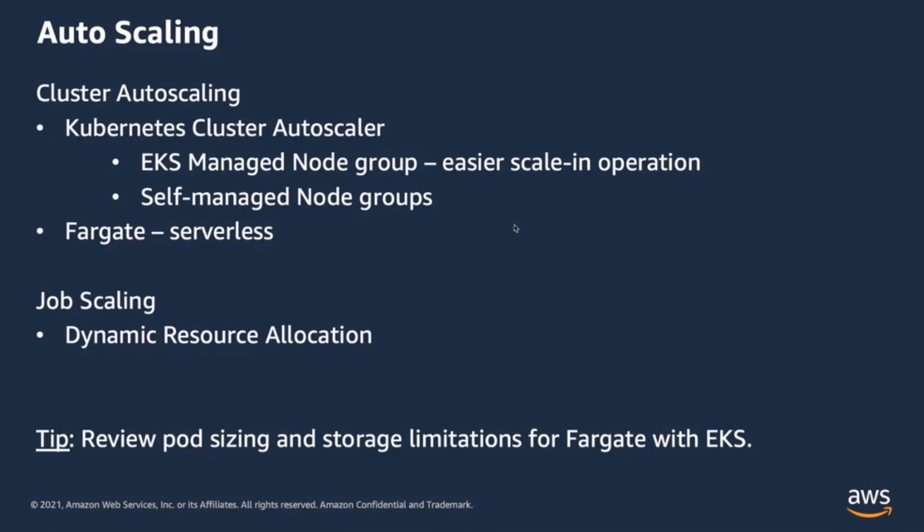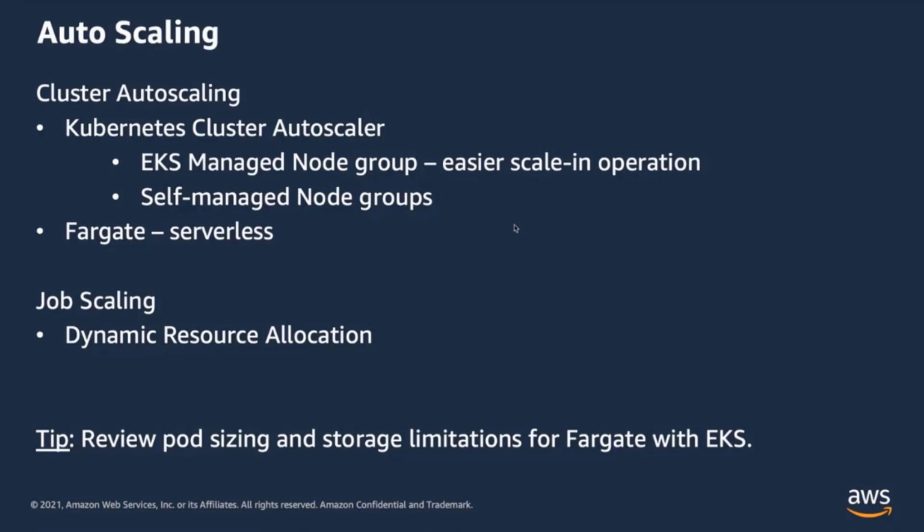You can look at it like a serverless option to scale dynamically. Now at a job scope, when a Spark job is run, your Spark job might need, let's say, 20 executors only for 10% of the time. For the other 90% of the time, it might not need so many resources. So you can use dynamic resource allocation to do that scaling.